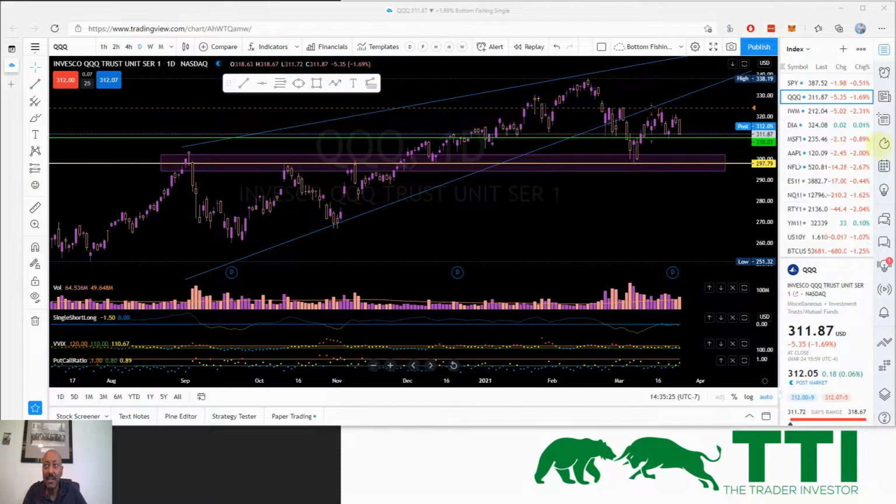So we had our pullback. After this pullback, and as we reach this area of value, the next thing I want to look at, as I mentioned earlier, is a series of higher highs and higher lows.